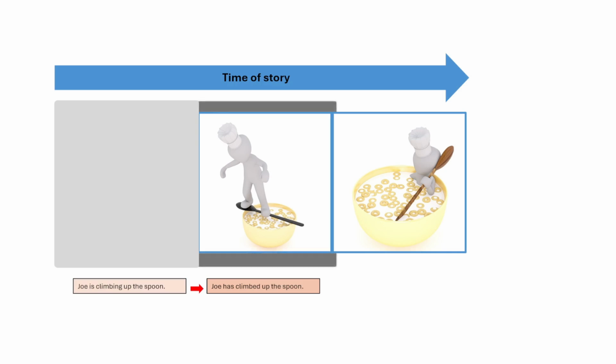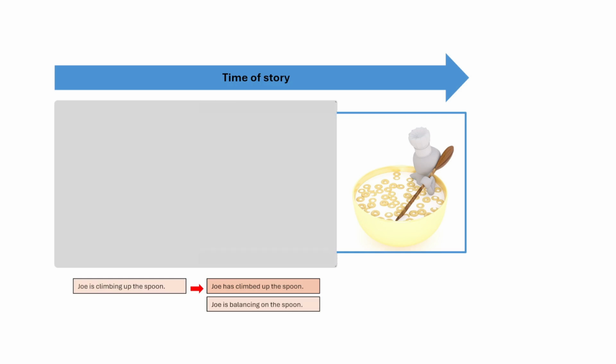Now if we just take this picture and describe what's happening, we use our present continuous tense to say that Joe is balancing on the spoon. Now that action is finished, so we say Joe has balanced on the spoon.